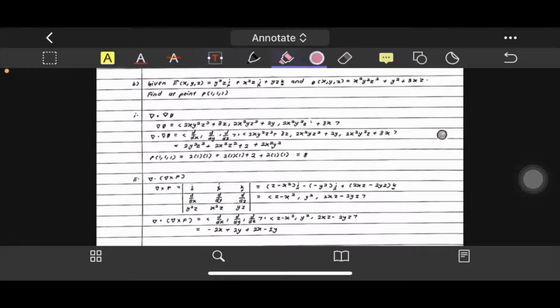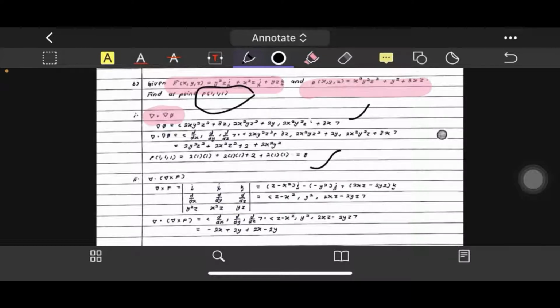Alright, for B, they give us F, which is a vector, and phi, which is a scalar. So, first question, they ask us to find grad dot grad phi. So first we find the grad phi, and then we find the dot product of grad, then substitute the point here. So we get this answer.